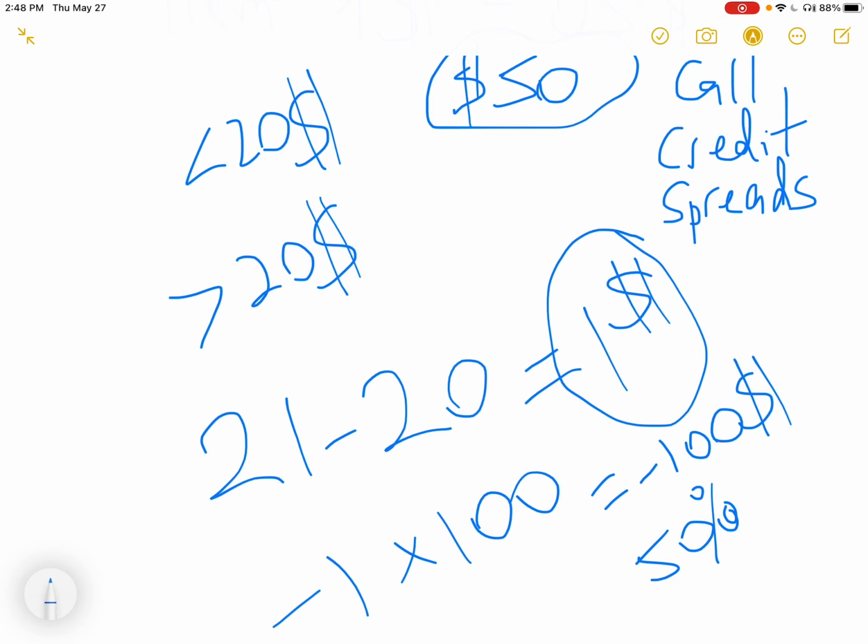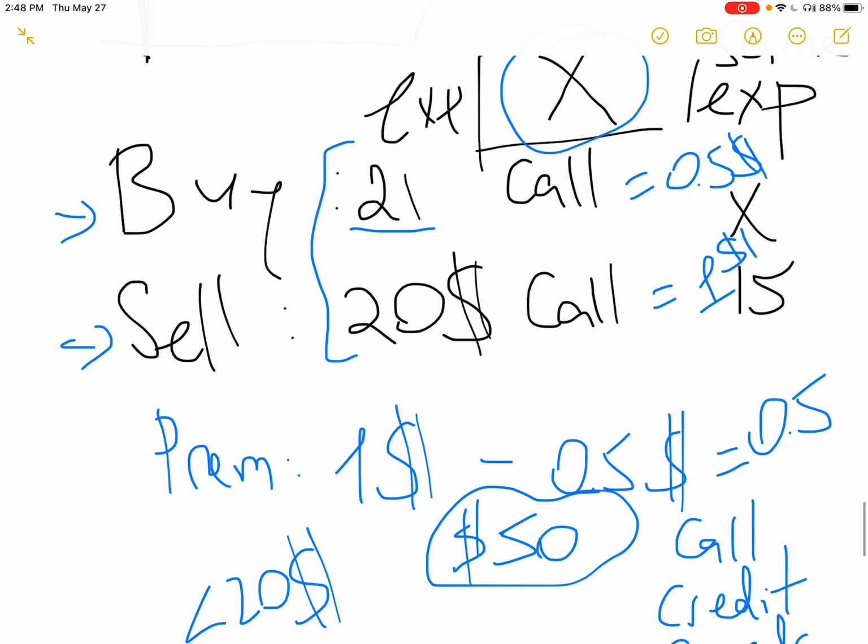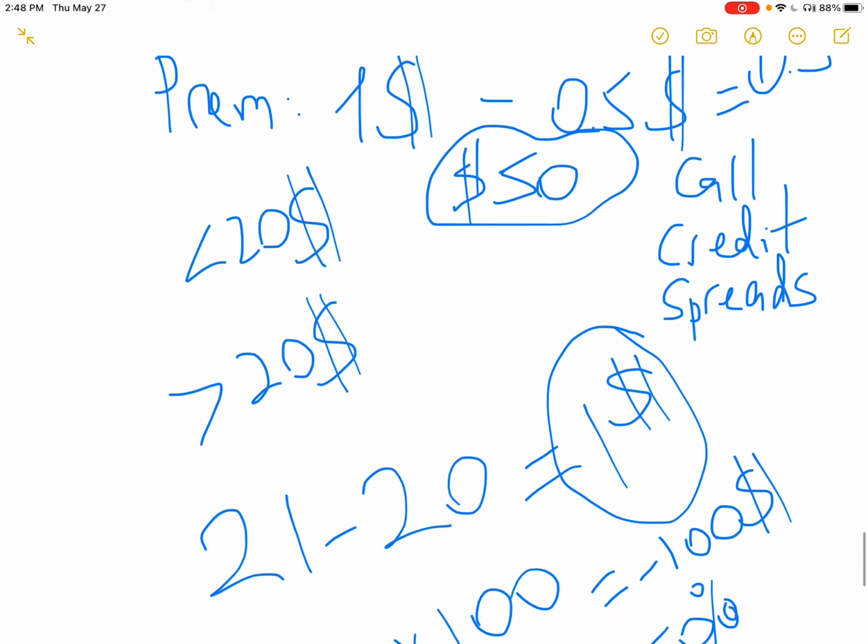Obviously, the actual premium will be much lower. I'm just giving an example. And also the premium will get affected by how close your exercise prices are to the actual stock price at the time you're buying those.